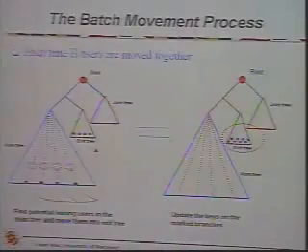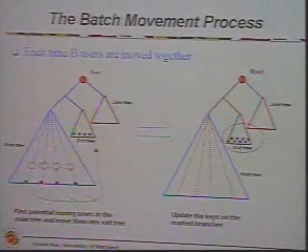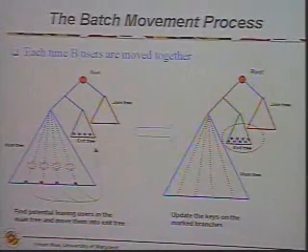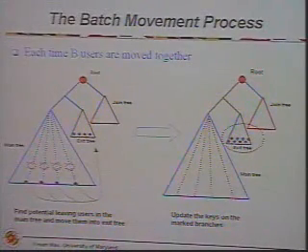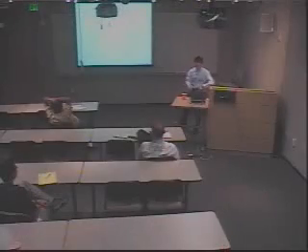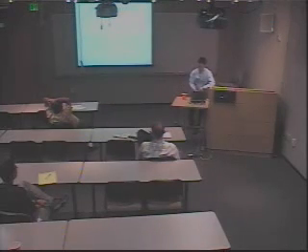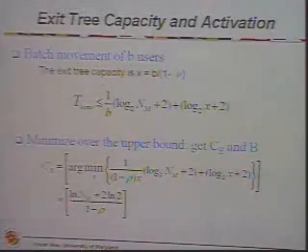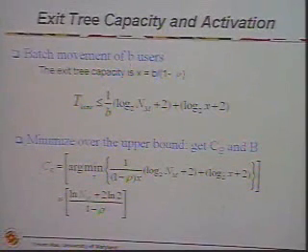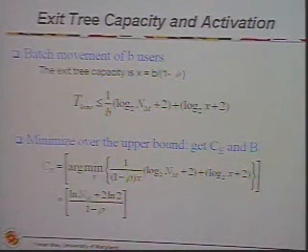Since they occupy this part, no other users can join the exit tree because it's already full. We have a capacity upper bound on this exit tree, so there's no room for other users to come in. So this rho comes into the picture because by dividing by this factor, C sub E is actually larger than this B, which makes more room for this inaccurate estimation of staying time. So this is our goal, to have this parameter in the system.